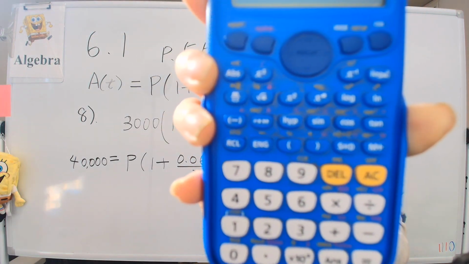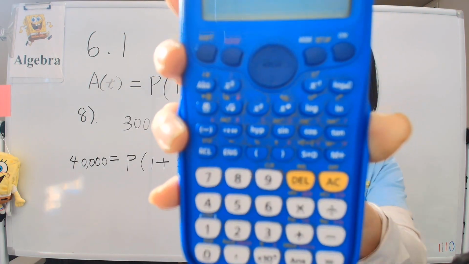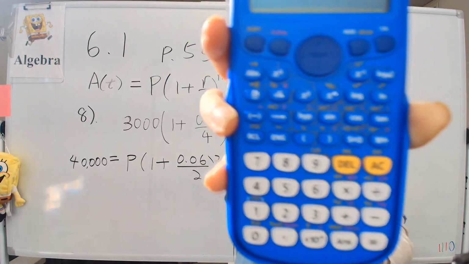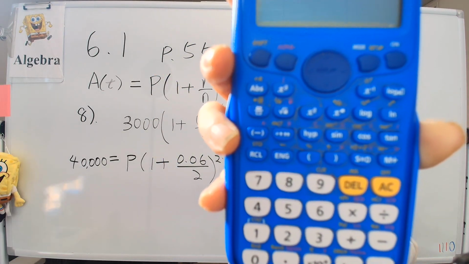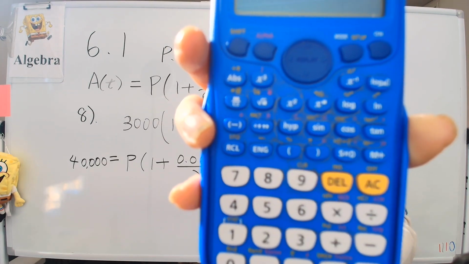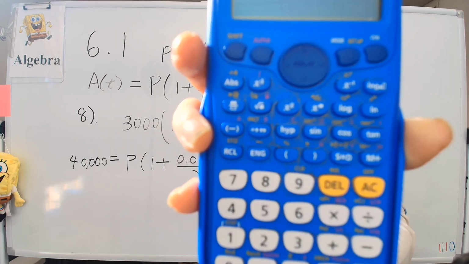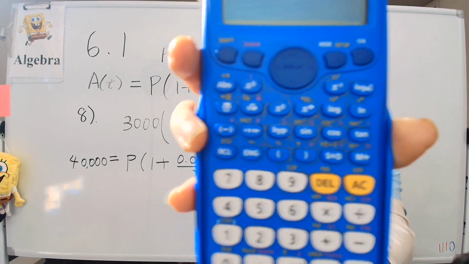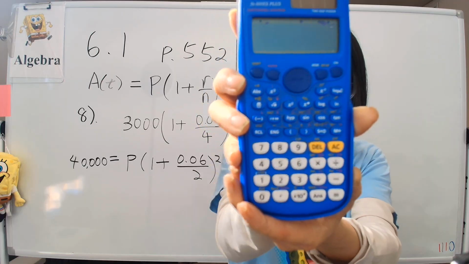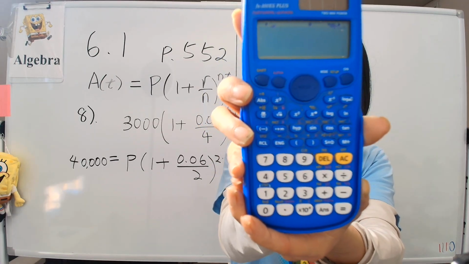To get the E on my calculator, you push the Shift button, which is on the other side, this one right here. Maybe if I pull it out a little bit, you can see better.